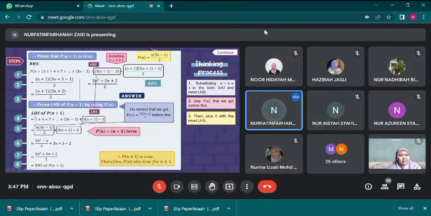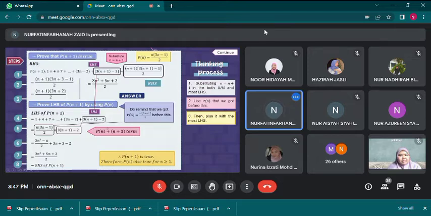At first you have to write the left hand side of Pn plus 1. Then just rewrite the question that was given, which is 1 plus 4 plus 7 plus ... 3n minus 2 plus 3(n plus 1) minus 2, which is from the third step for the right hand side.